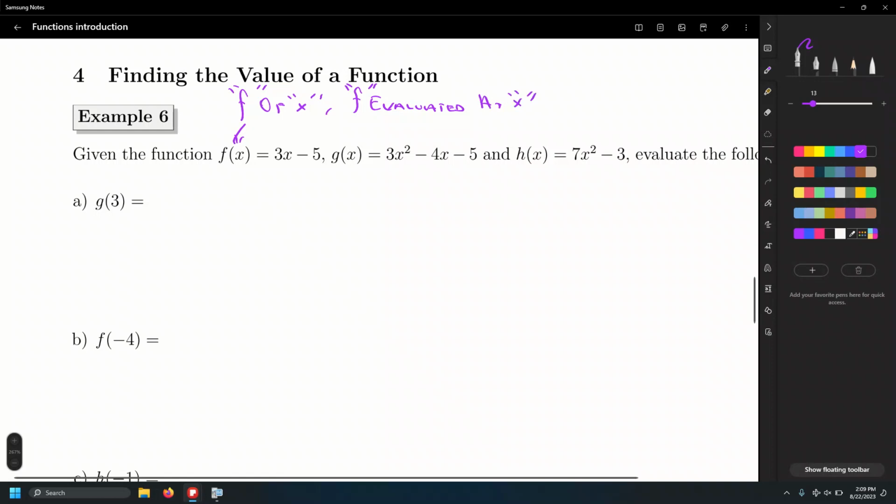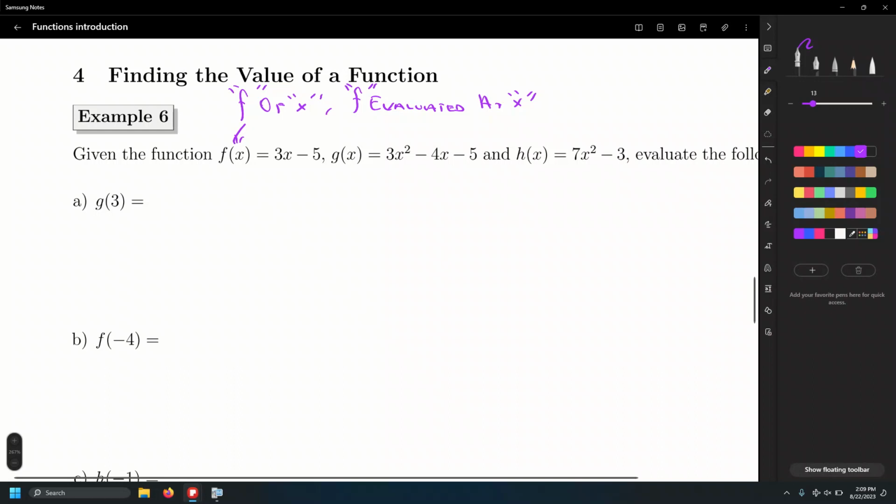All right, f of x or f evaluated at x. However, we use the shorter version. We don't use the longer f evaluated. It is understood that we will evaluate the function. So just f of x is more than enough.